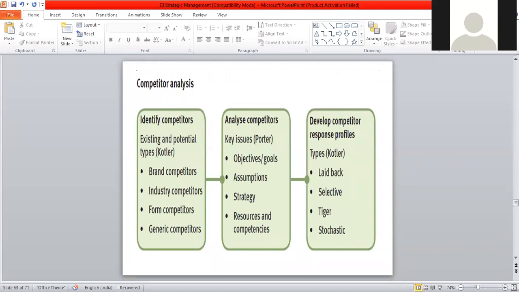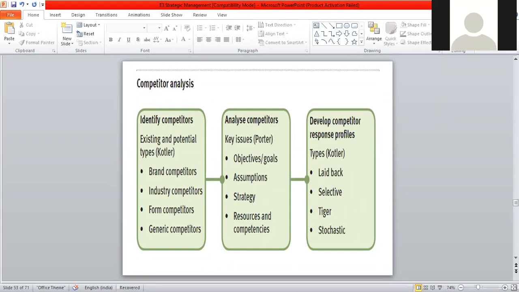What is the objective? Some of them may be in the competition, but their objective may be completely different. Somebody is aiming to become number one in the country or number one in the world, so their focus is something different. Some of them are only focusing on serving a particular region.